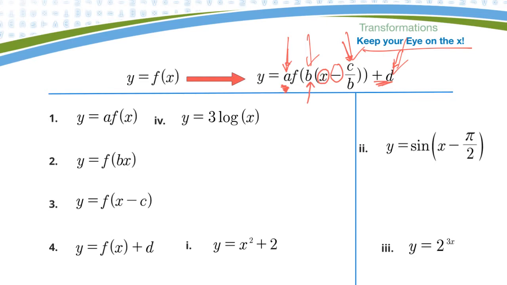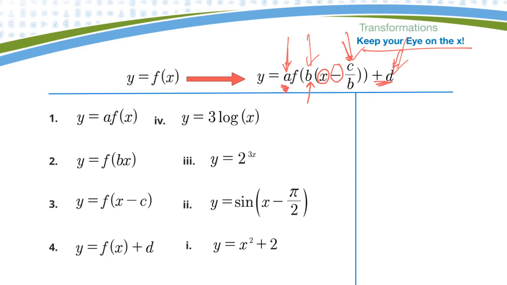Notice it's different than the D one, because this is in brackets. I'd call that a C one. And lastly, this one sort of looks funny because it's up as an exponent, but this is the base part of the function, and there's a number being multiplied by x. So it is a B value.